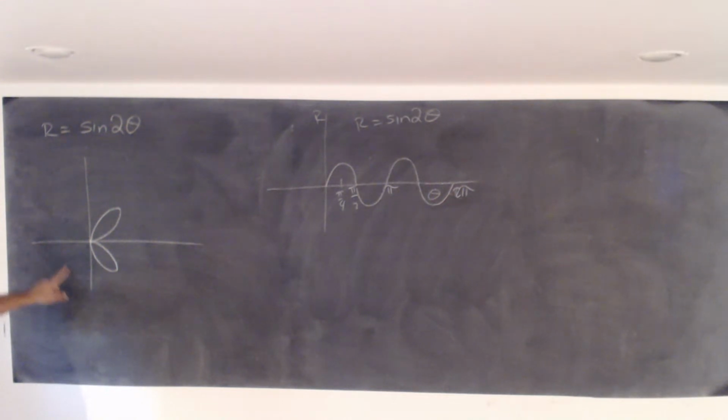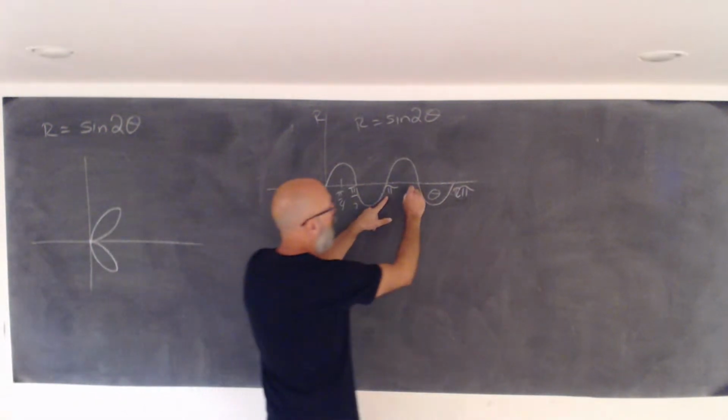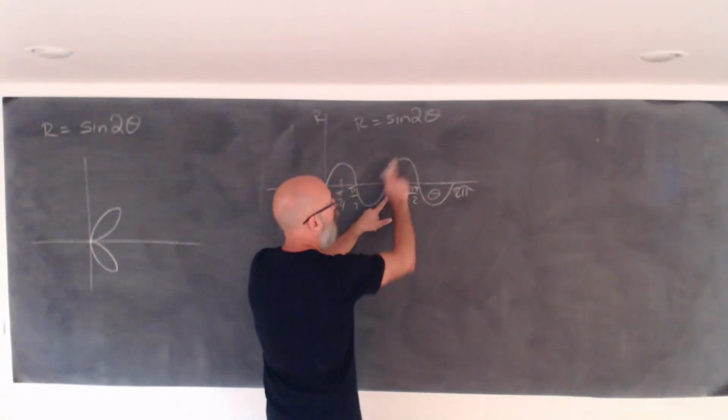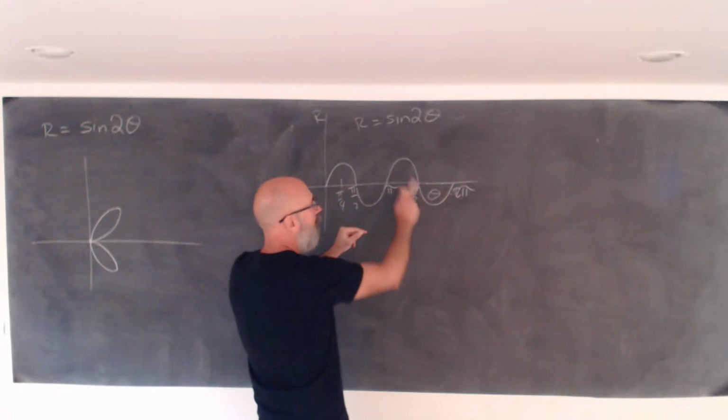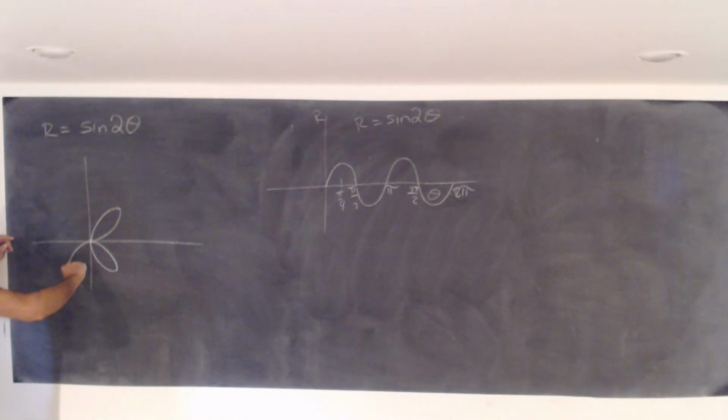And now between pi and 3 pi over 2, this is positive. So in this quadrant, it's positive, and so the graph will be here. Start at 0, go all the way to 1, and then back down to 0.